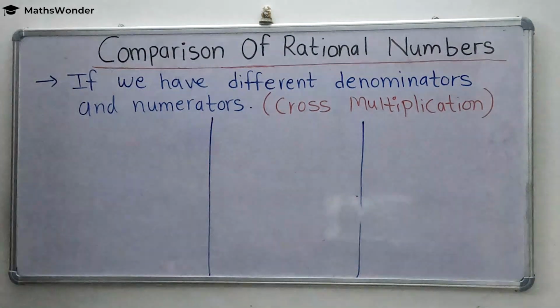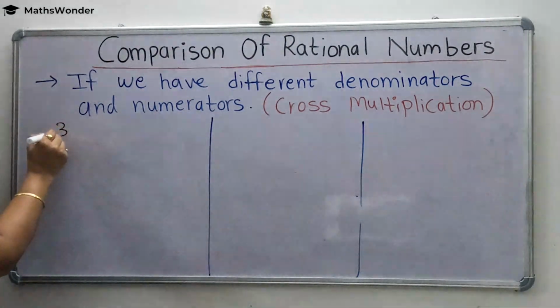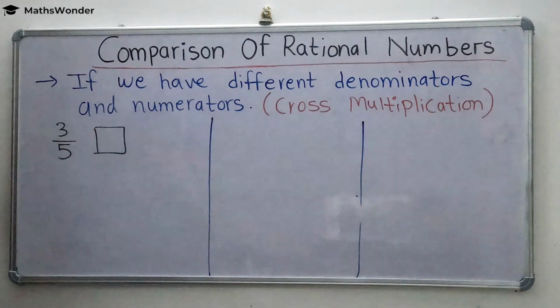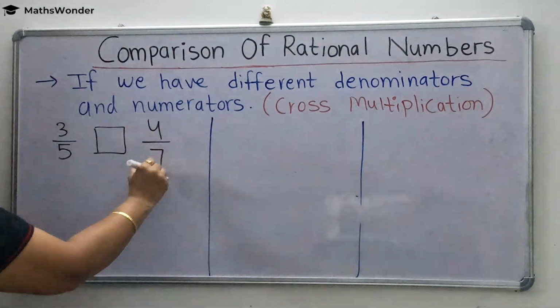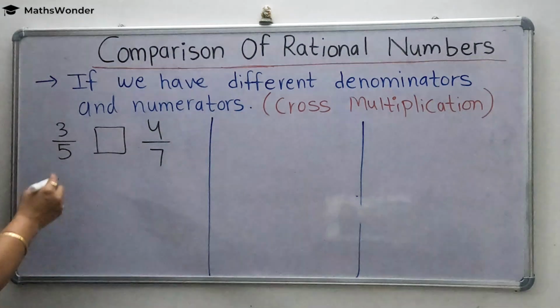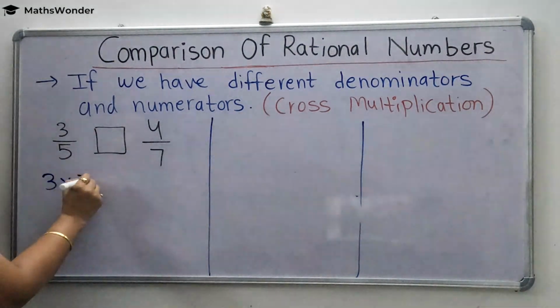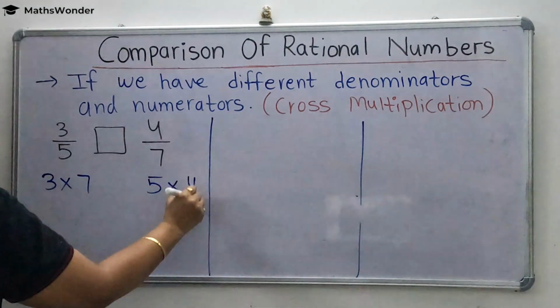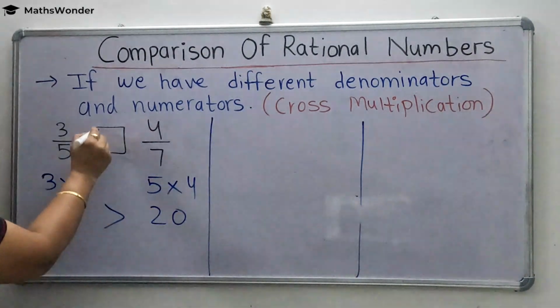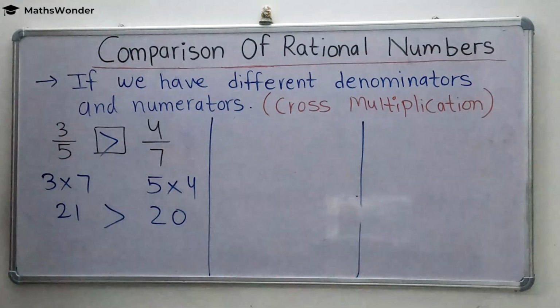Suppose your question is 3 over 5 and 4 over 7. Now see, both the numerators and both the denominators are different. Then what to do? You will do the cross multiplication. 3 times 7 and 5 times 4. Doing the multiplication, it's 21 and this is 20. Which is greater? 21. That means this one is greater. Easy?